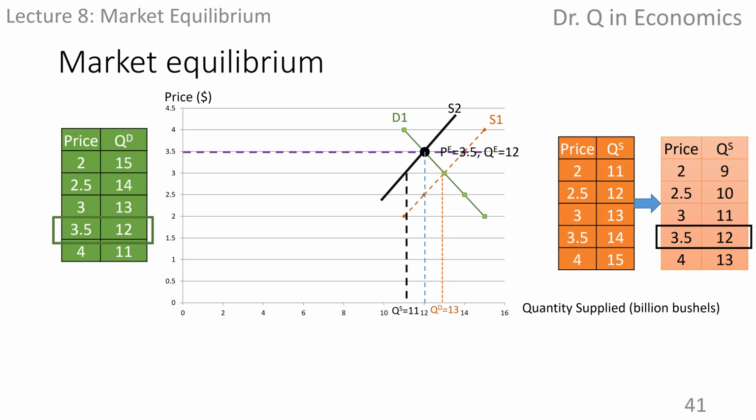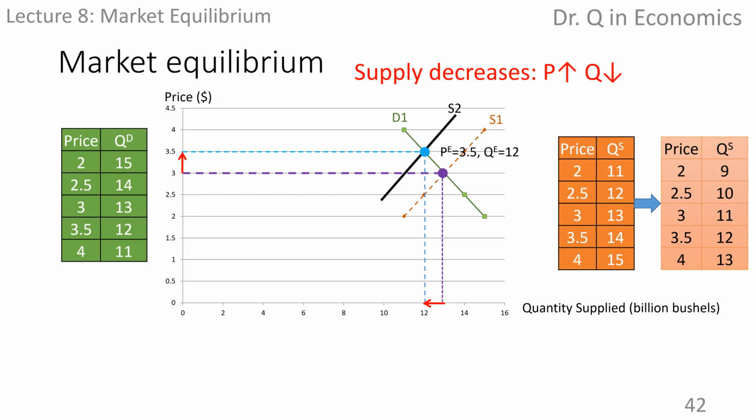The market achieves a new equilibrium. Compared with the original equilibrium, the new equilibrium has a higher price and lower quantity. Therefore, we can get the conclusion that when supply decreases, price increases and quantity decreases.